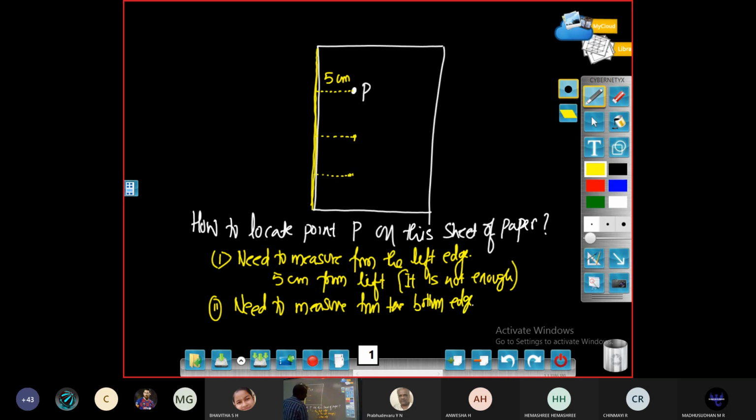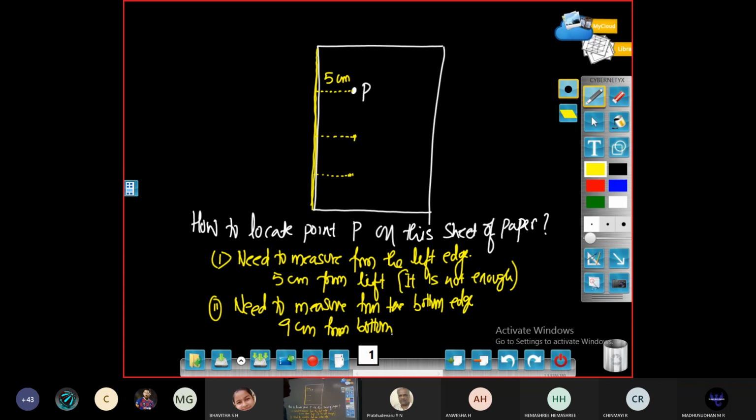Let us say it is at 9 centimeter from the bottom. See, there are so many points 9 centimeter from the bottom.